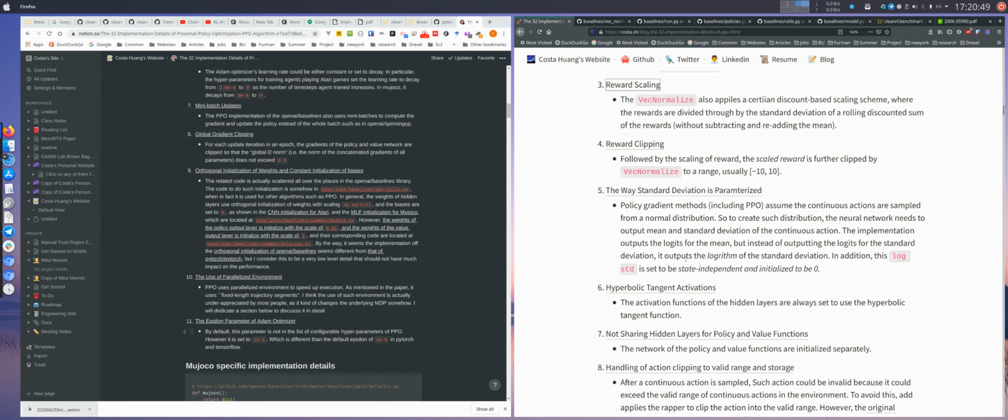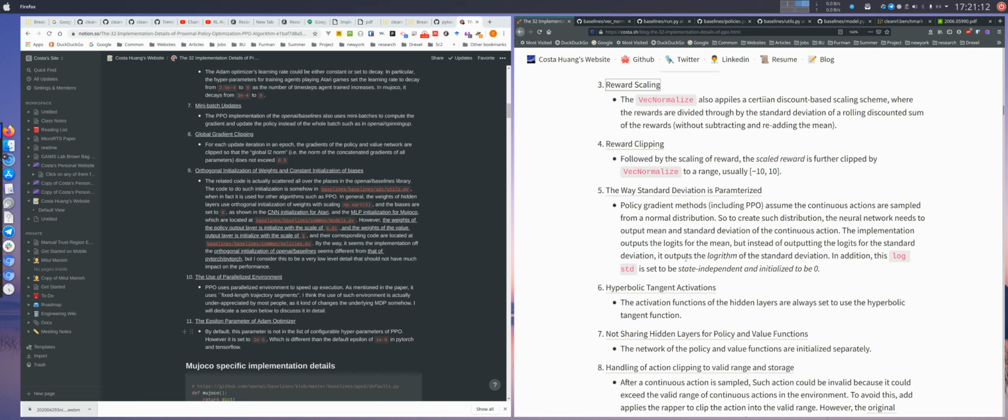And then there's also the way the standard deviation is parameterized. This is for the continuous action space. To generate a continuous action, you need to generate means and standard deviation, and then you use those two values to create a normal distribution from which you can draw an action.